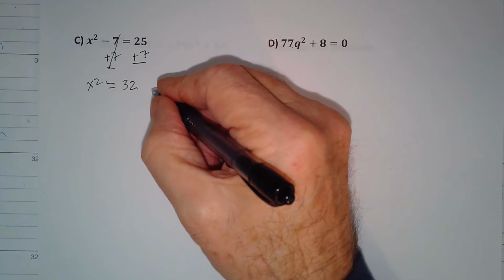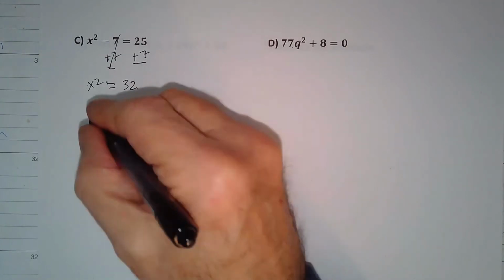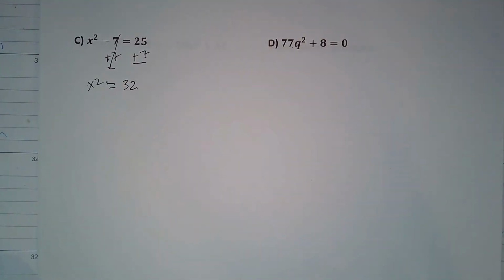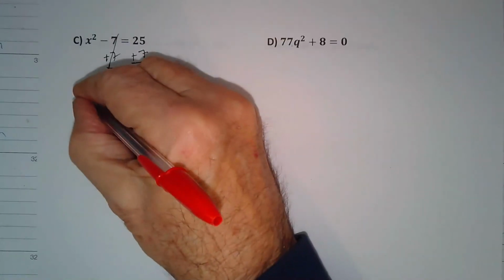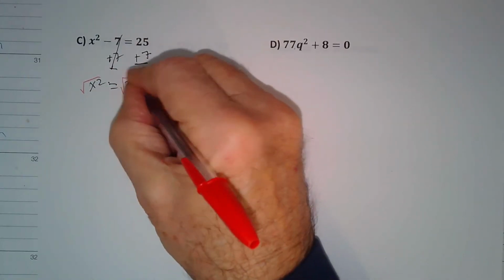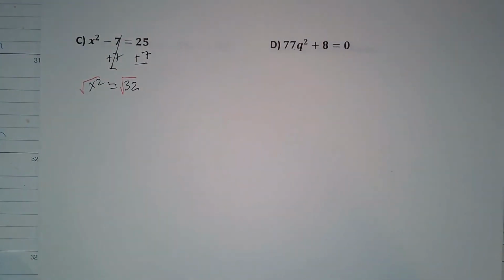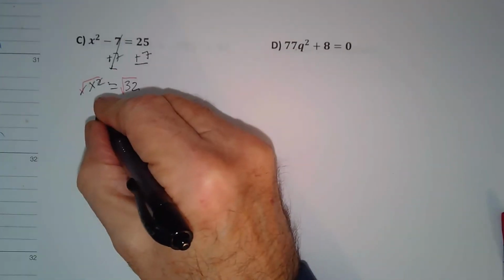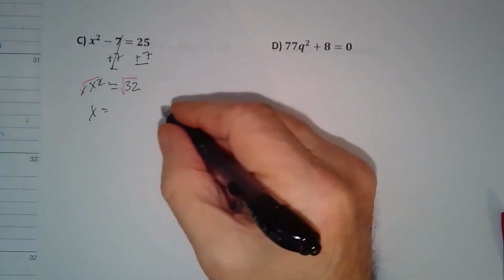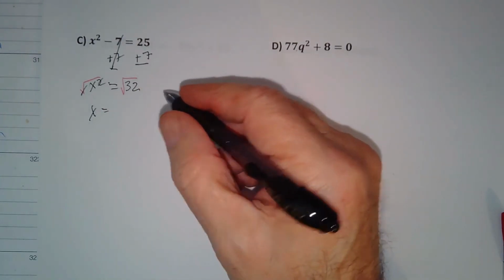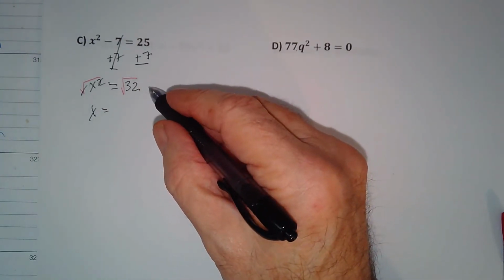All right, so then we want to take the square root of 32. Let's just use red. Square root 32 and square root of x squared. Square root of x squared cancels out, and you end up with x equals, and then 32.